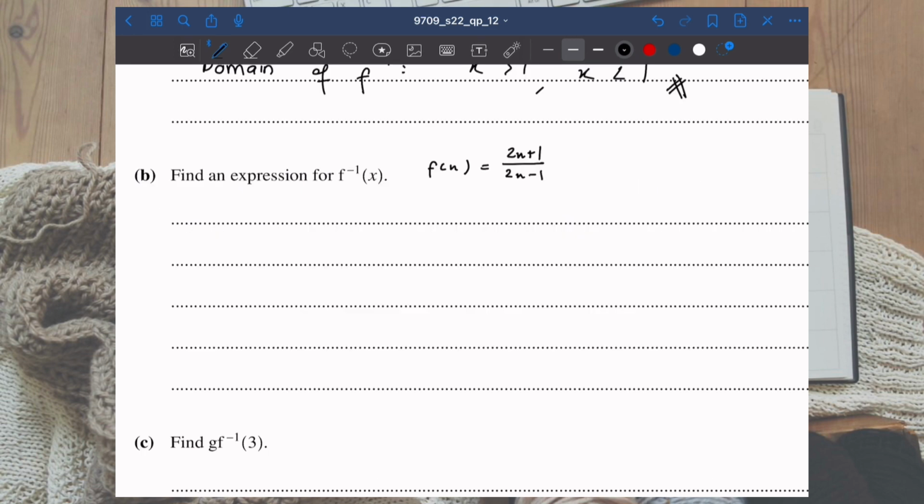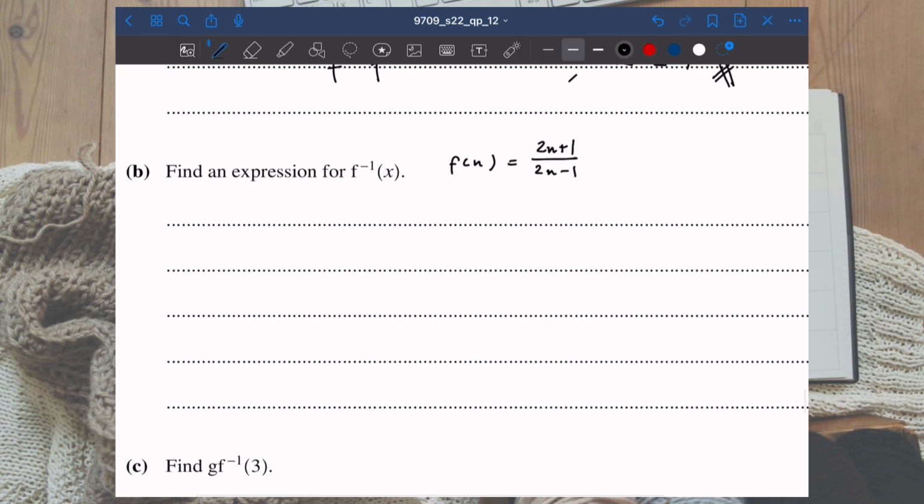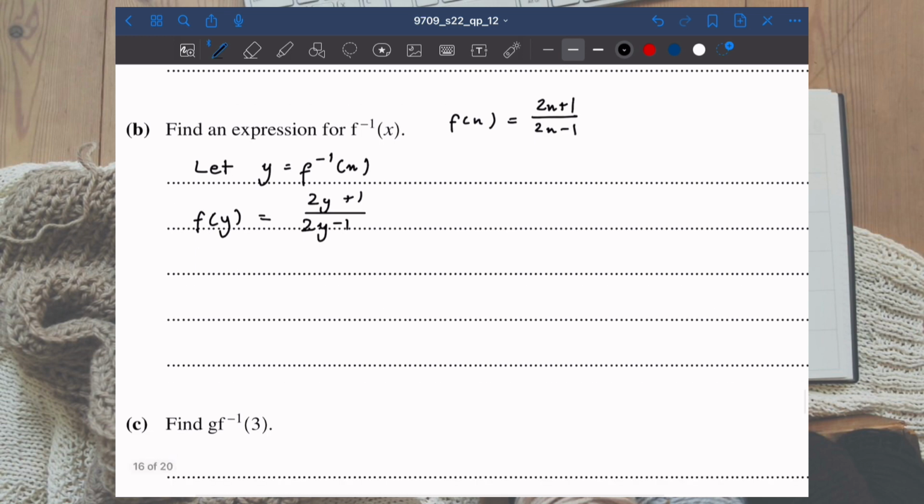Part B. Find an expression for the inverse of f(x). So we can do this by letting y equal the inverse of f(x). So f(y) will equal (2y+1) over (2y-1). So f(y) will become x.